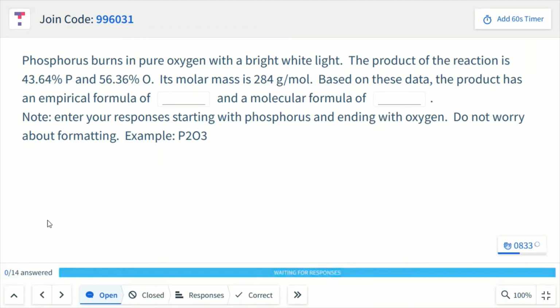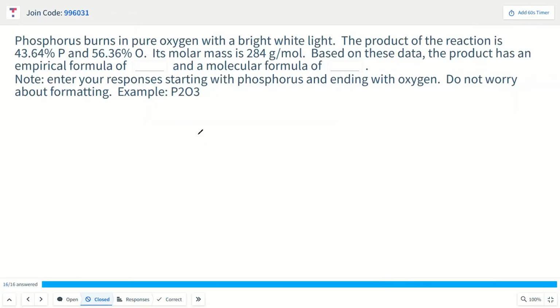Now you have to fill in 2 blanks here. The first blank, I want the empirical formula. Second blank, I want the molecular formula. Don't worry about formatting. Just punch in the element and the number of atoms that go with that element.